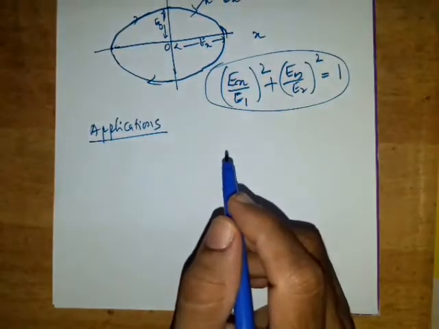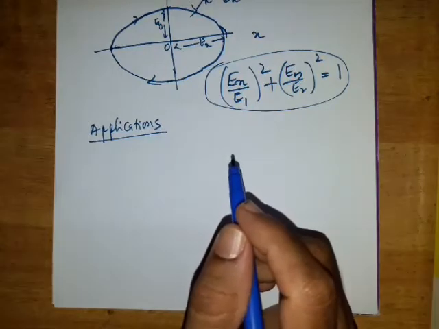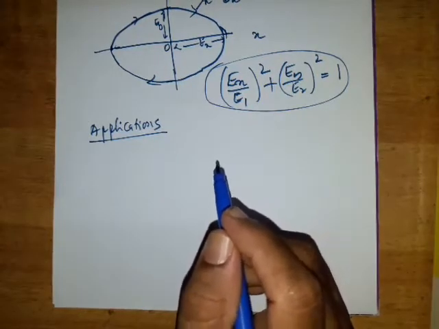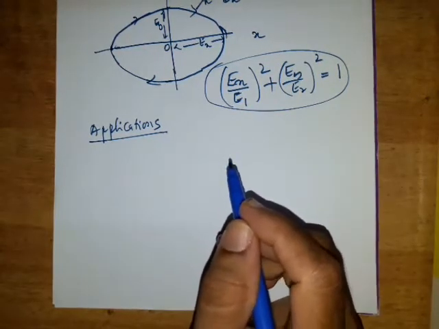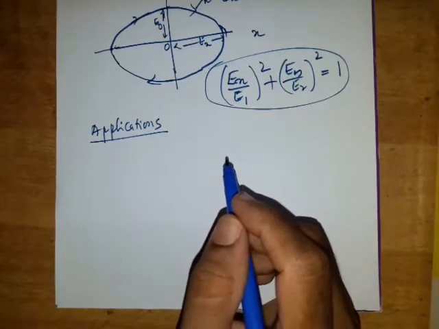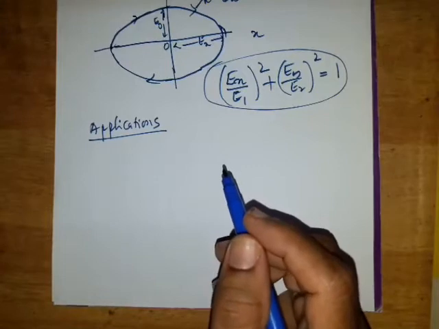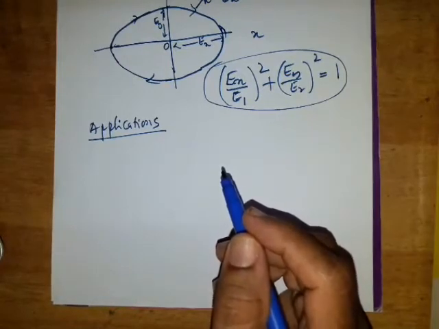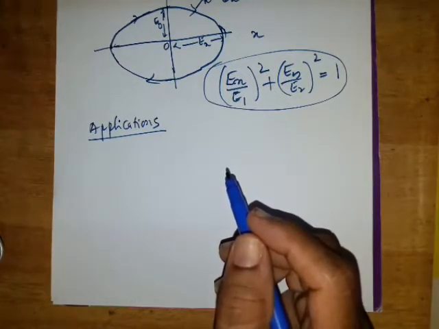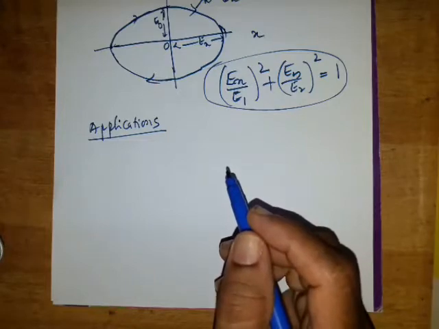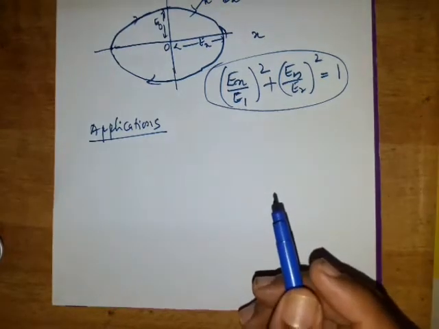Let us see some of the applications of these polarizations. In AM radio broadcast, the radiated electromagnetic wave is linearly polarized with the electric field vector vertical to the ground.